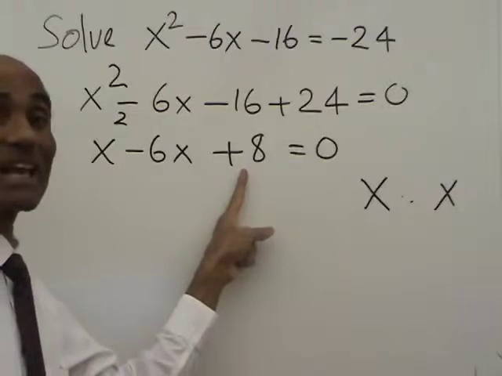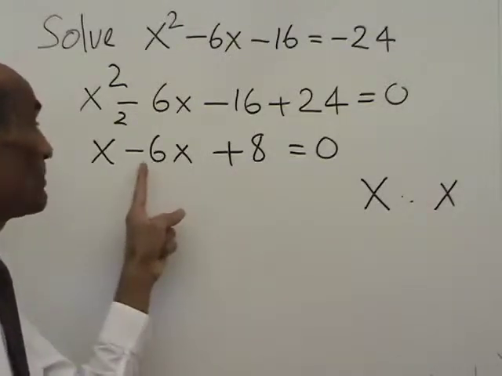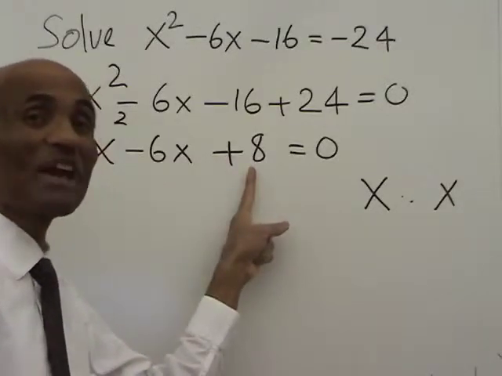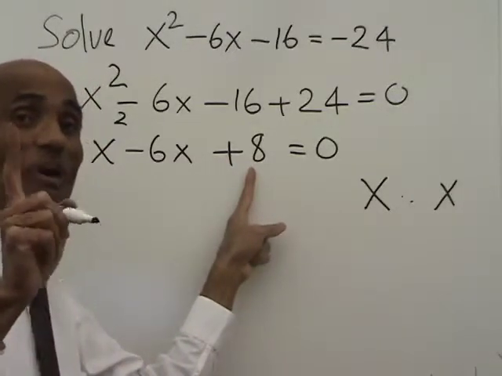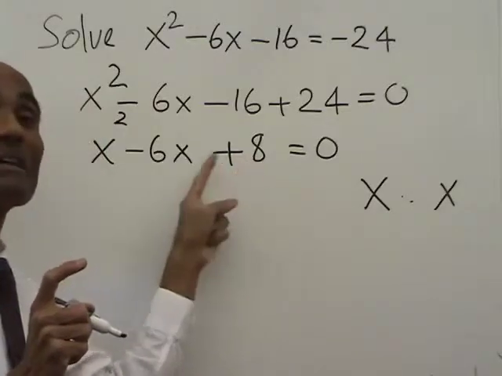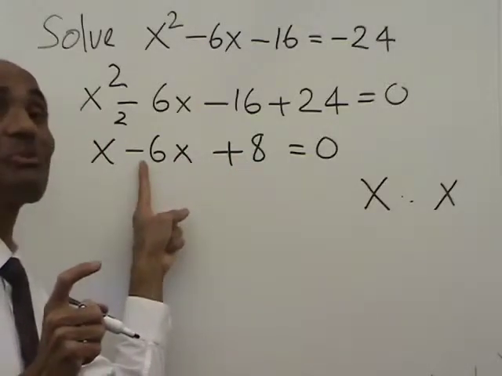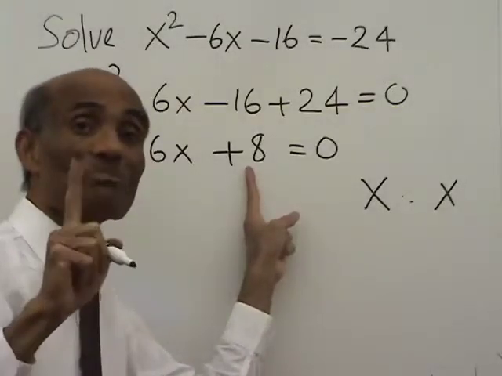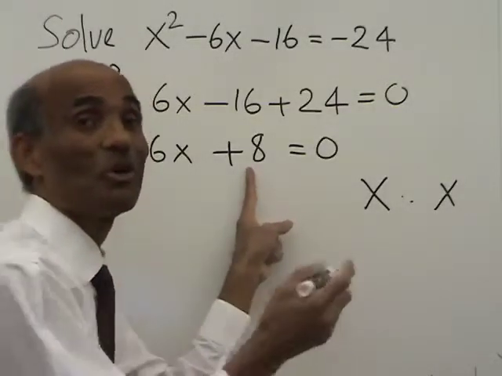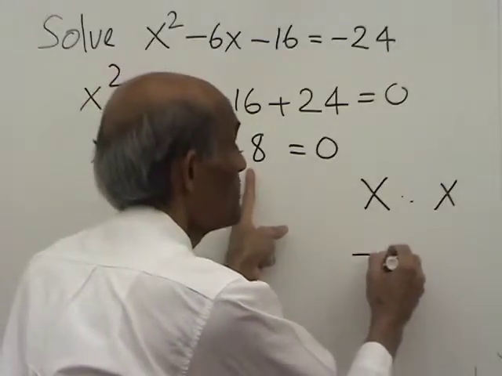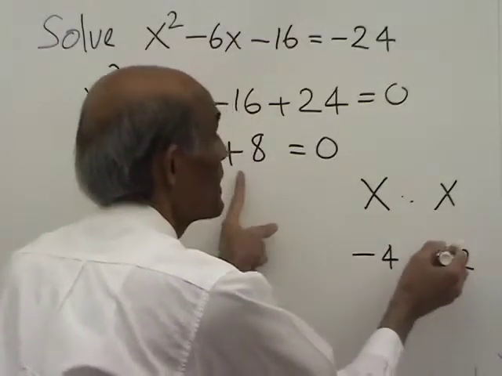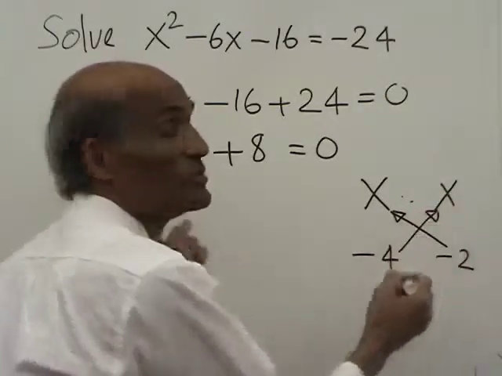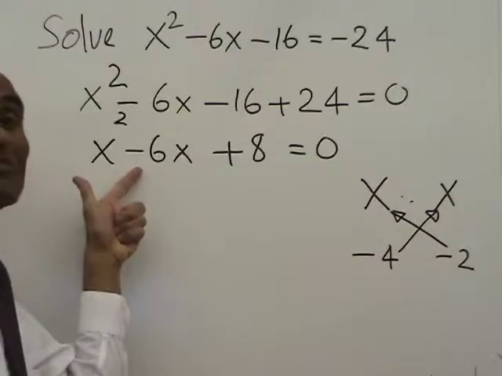And if you notice, the last term is positive, the middle term is negative. What are the two factors of 8 that will multiply to give you positive 8 and add to give you negative 6? It means both the factors must be negative. So what are they? Negative 4 and negative 2. Negative 2x added to negative 4x is negative 6x.